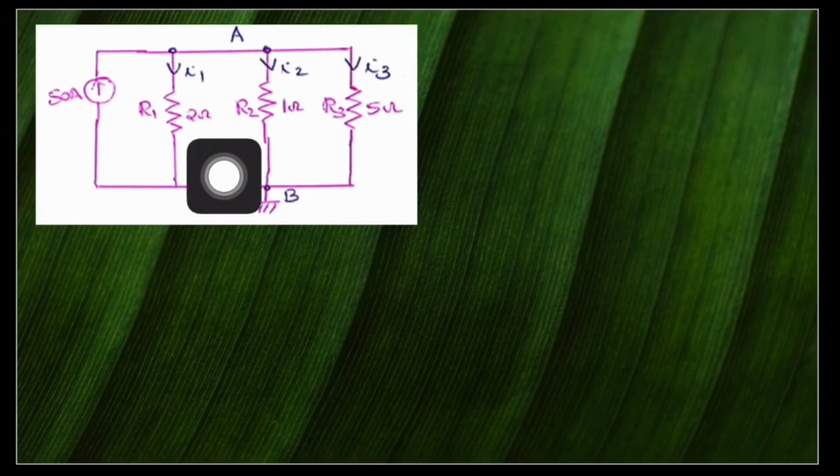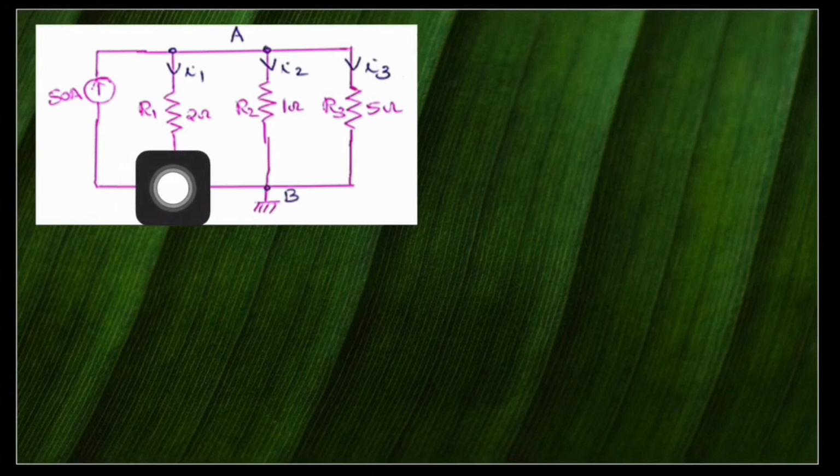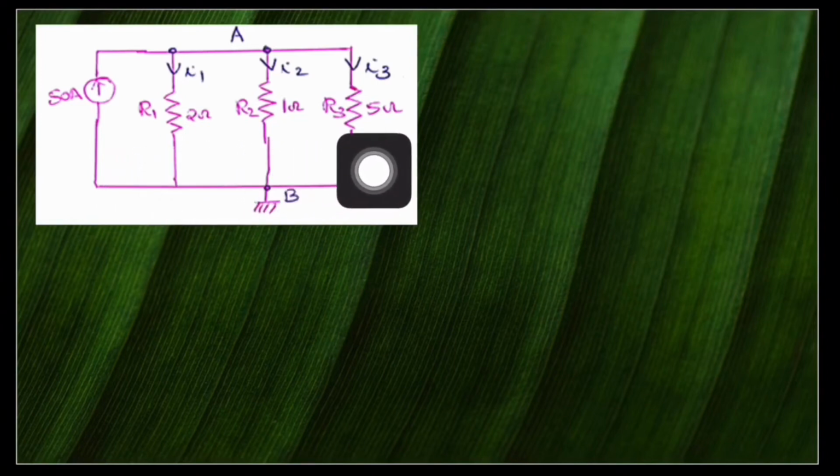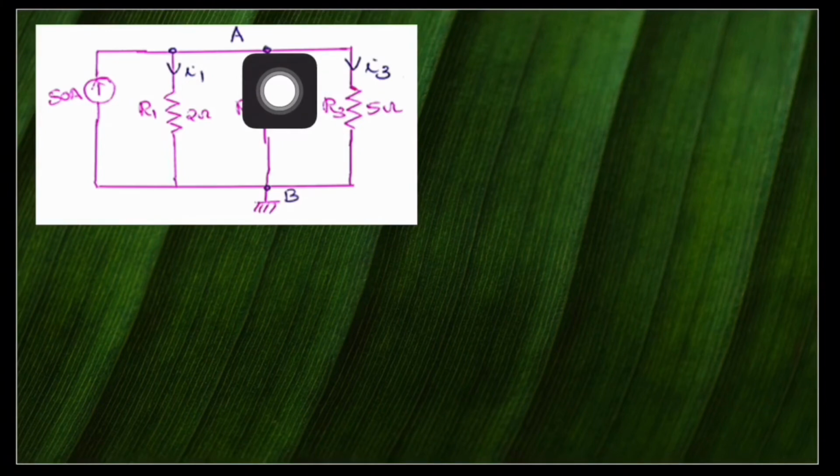Now you look at this resistor R2. Here is an interesting fact. One end of all these three resistors R1, R2 and R3 are connected to node A, which is at potential V, and other end is connected to node B, which is at 0 potential. Hence, the potential difference across all these three resistors will be same.